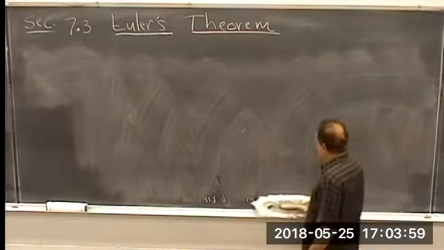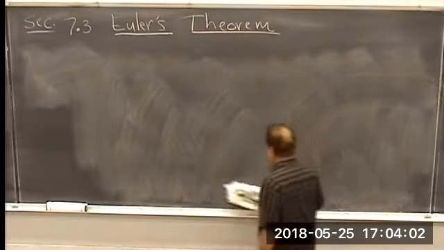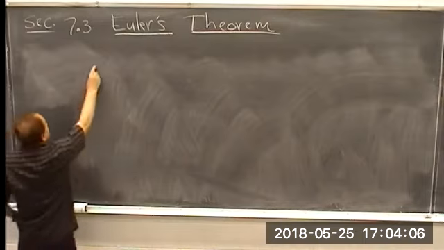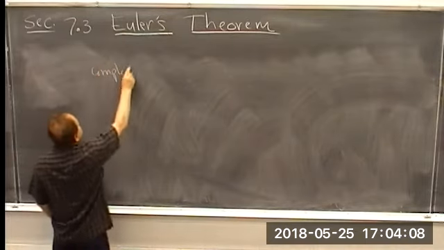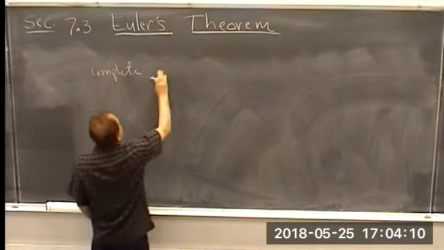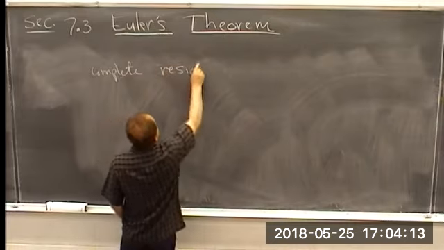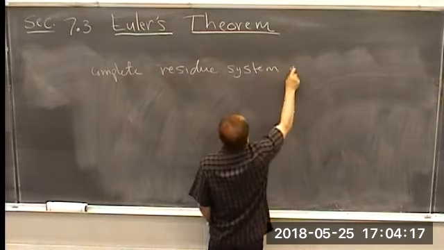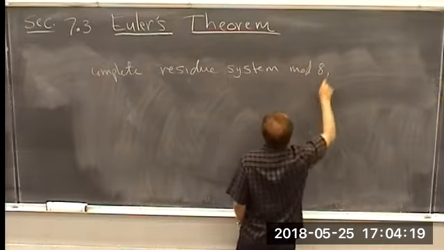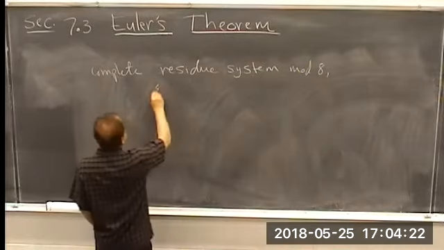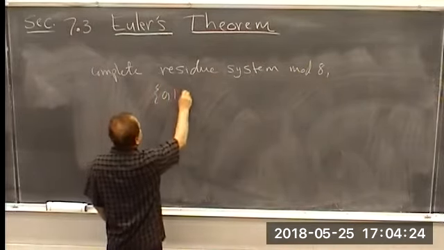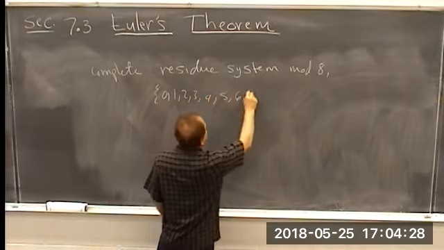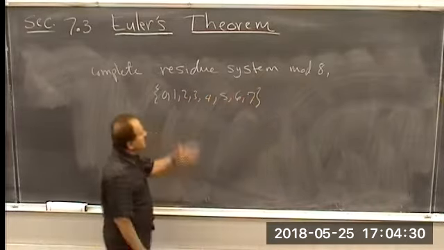If I start with a complete residue system mod 8, it is 0, 1, 2, 3, 4, 5, 6, 7. There are 8 members and none of these is congruent.